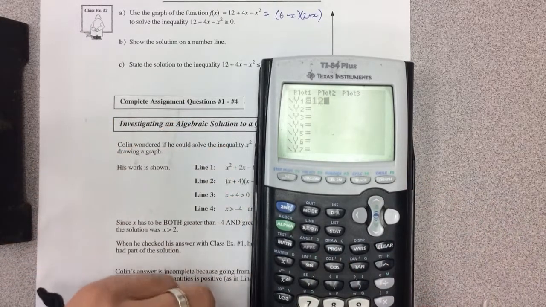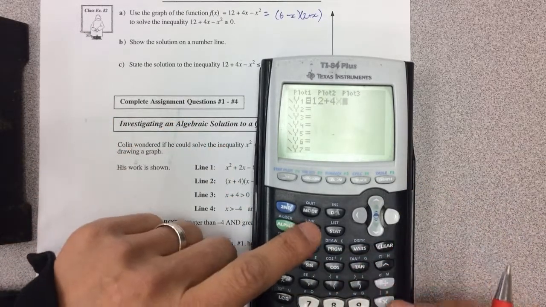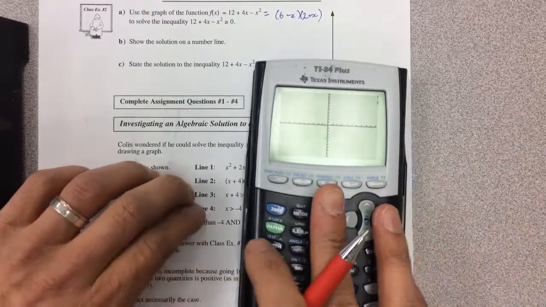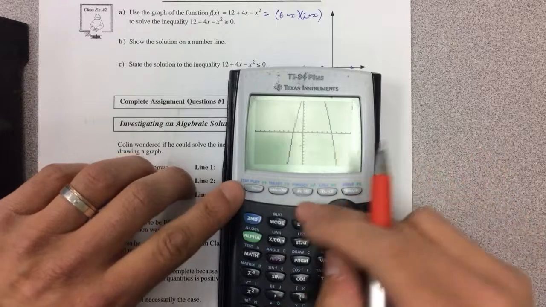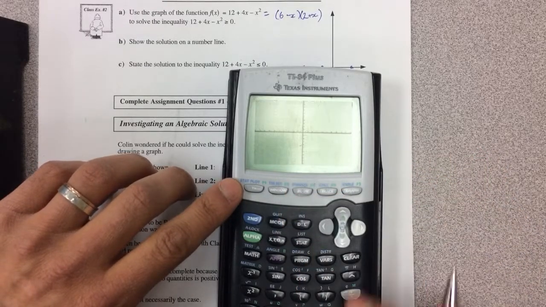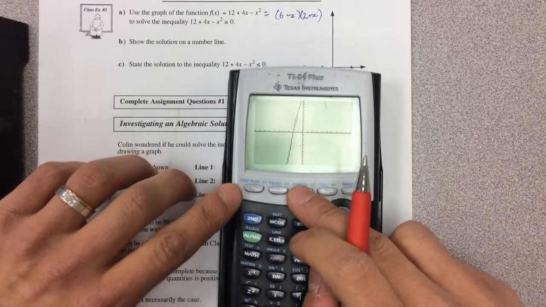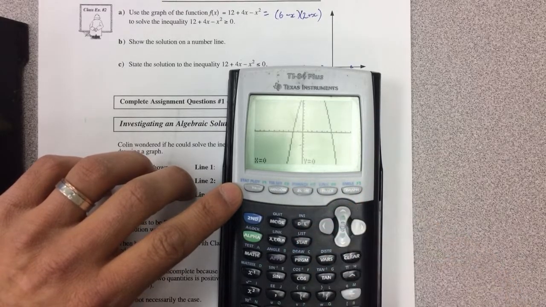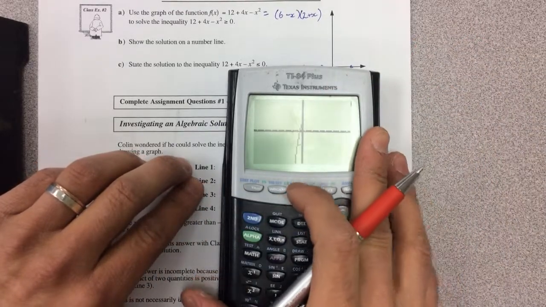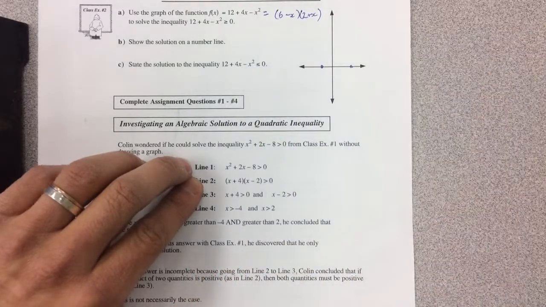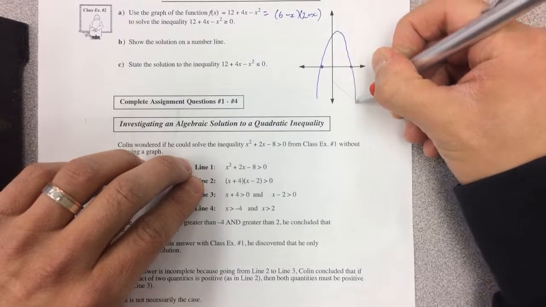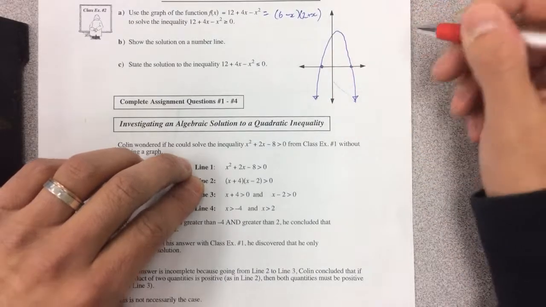If I graph 12 plus 4x minus x squared, I'll get a graph that looks something like that. I'll zoom out, that's my standard. So we can just go ahead and graph our rough outline of our function.